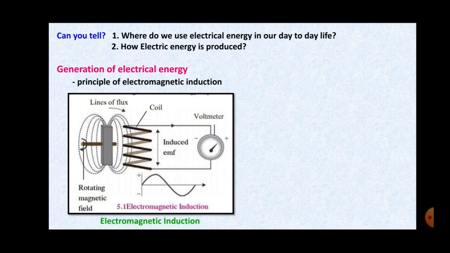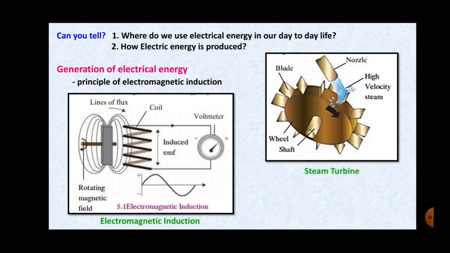Now, how does the generation of electric current take place? First, in the generation plants, large generators and turbines are there, and they generate the electric energy. You can see the picture of the turbine. The turbine has blades around itself, and when liquid, gas or steam falls on these blades, the turbine starts moving.